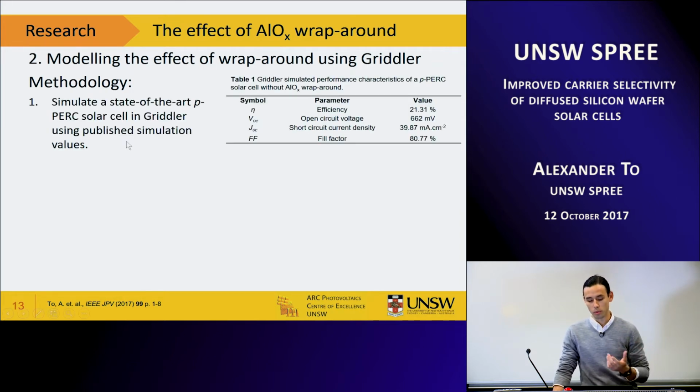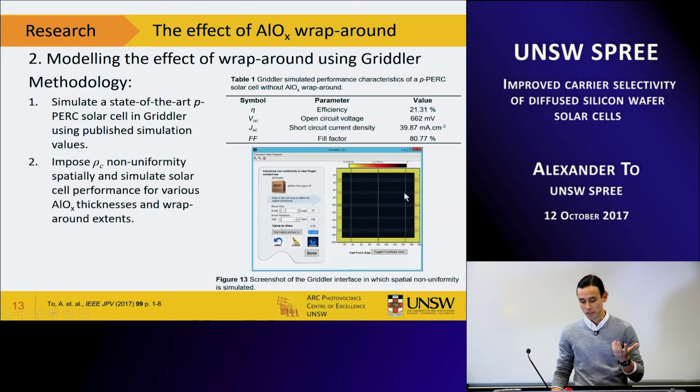So what we did was develop a model for a state-of-the-art PERC cell. We took values from the literature and spat out the numbers, and it looks similar to what industry was reporting. So we now had a PERC cell model in Gridler. This is the interface where you can put in an arbitrary image of non-uniformity.